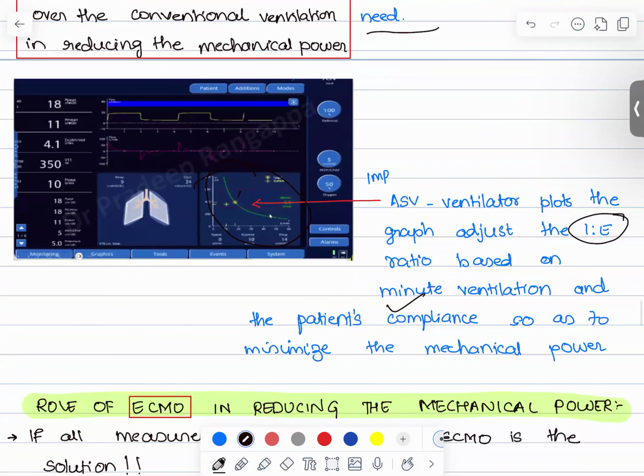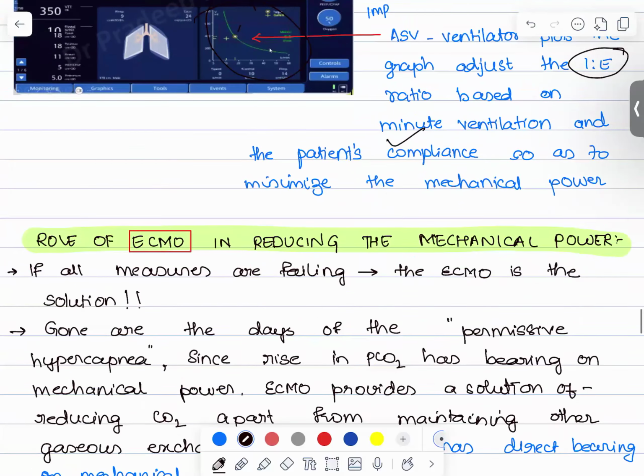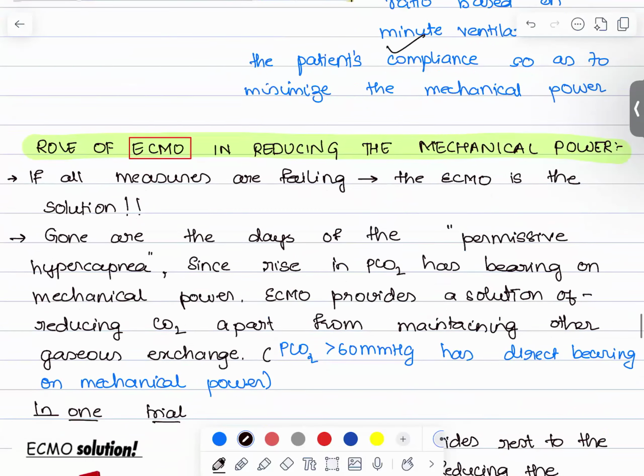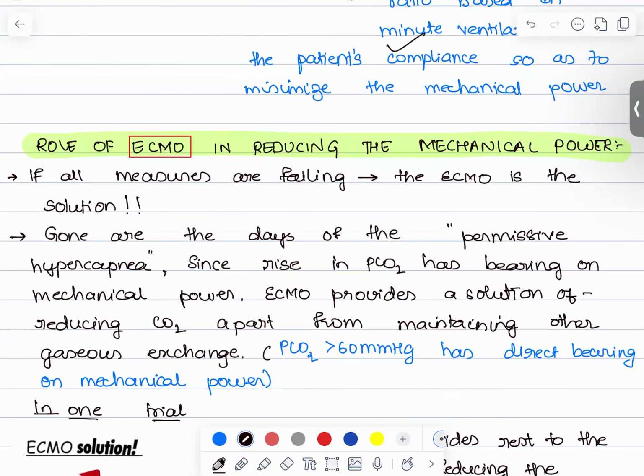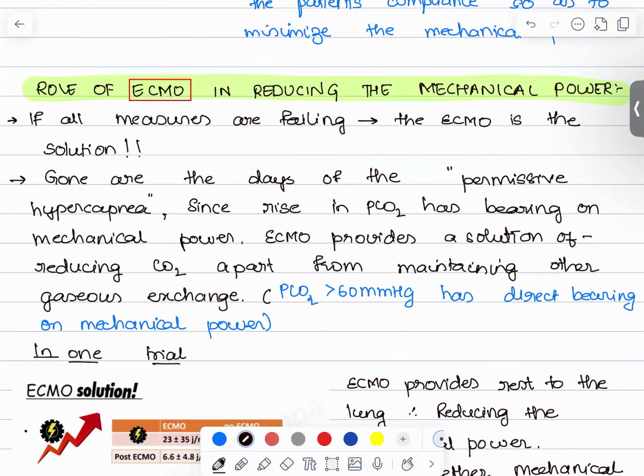Despite all these measures, by adjusting the respiratory rate, the driving pressure, PEEP optimization and all, even if the VILI is increasing or the mechanical power is increasing, then we have something called ECMO, and ECMO definitely gives us the opportunity of reducing the mechanical power. How? ECMO is nothing but a membrane lung.